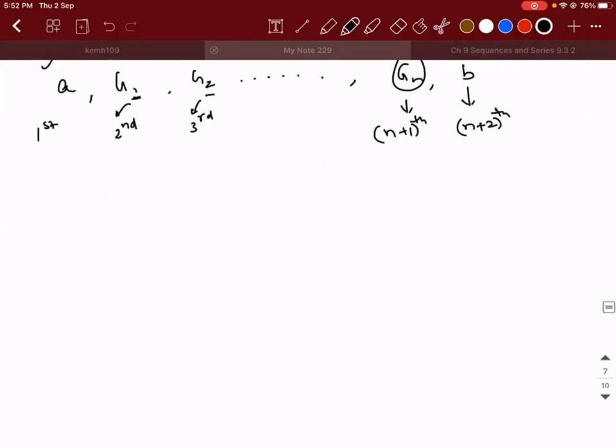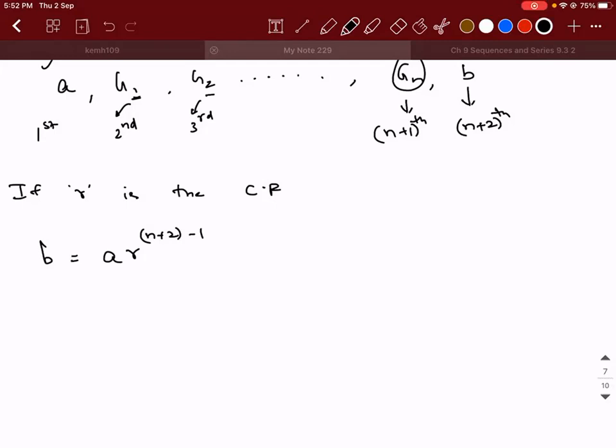So if R is the common ratio of this given sequence, then can I write B is equal to A into R power n plus 2 minus 1. So how will you write the general term?